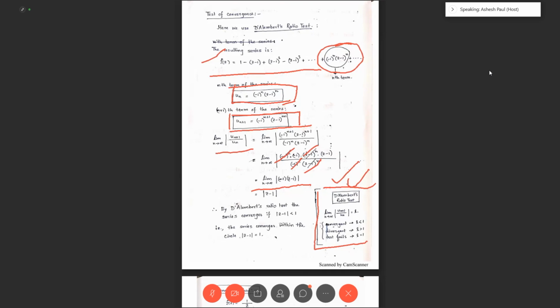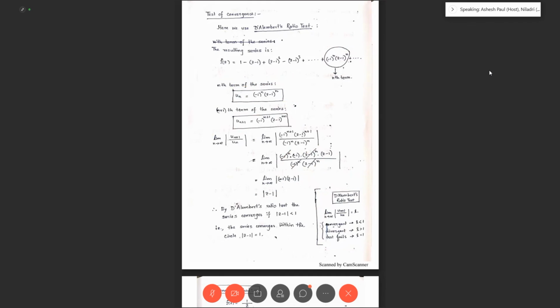There is no n in this term, so the limiting value will be |z minus 1|. The limiting value of un+1 by un is |z minus 1|.